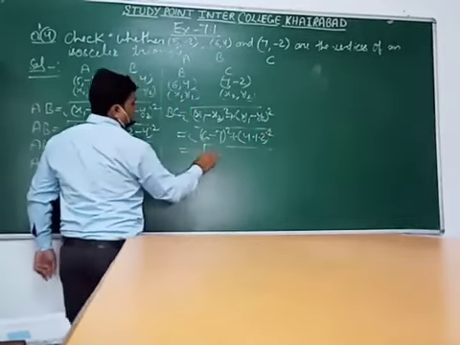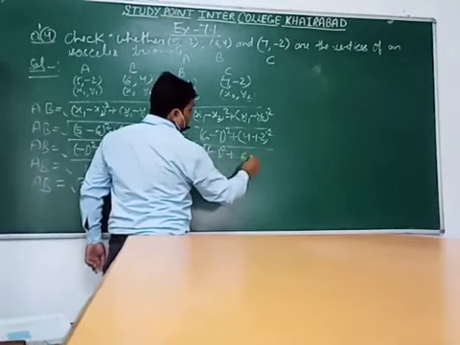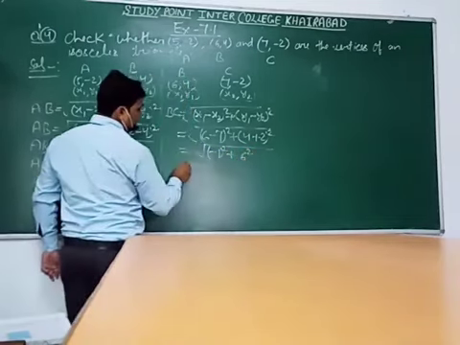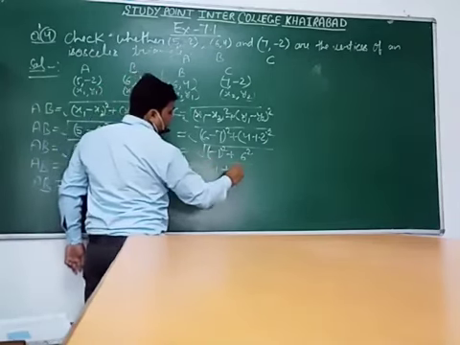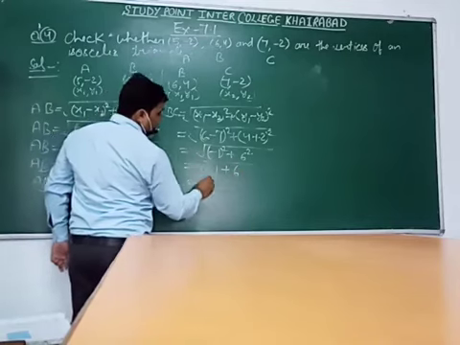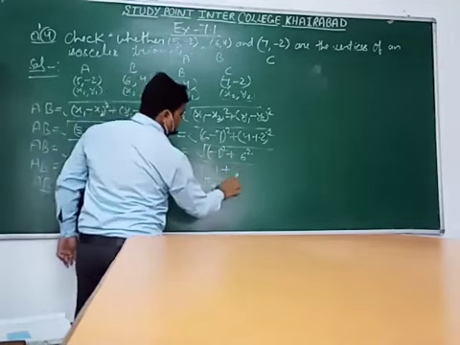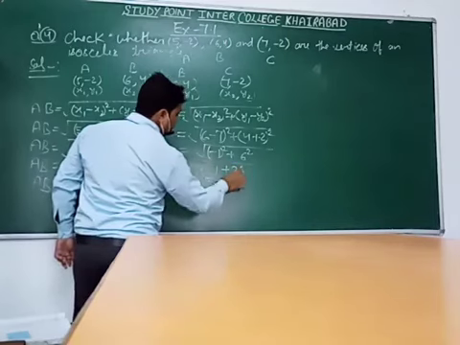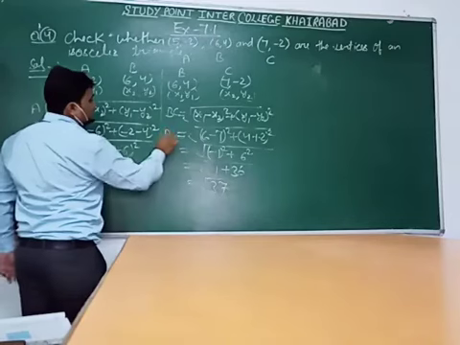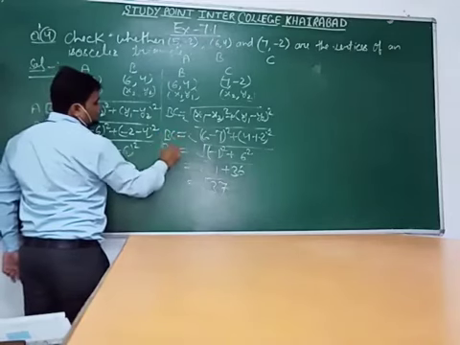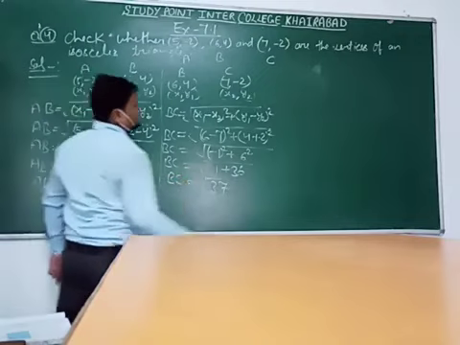So (6 minus 7), which is -1, square plus (4 plus 2), which is 6, square. Minus 1 square is 1, 6 square is 36, 36 plus 1 is 37. So BC equals root 37.